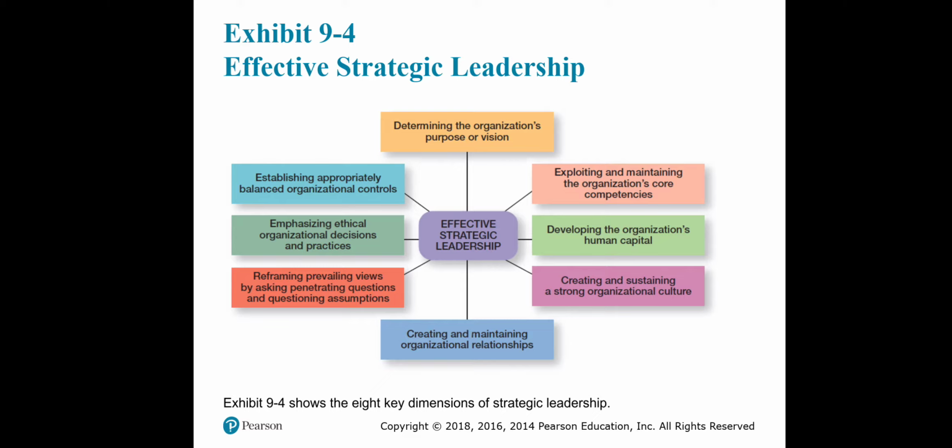These dimensions include determining the organization's purpose or vision, exploiting and maintaining the organization's core competencies, developing the organization's human capital, creating and sustaining a strong organizational culture, creating and maintaining organizational relationships, reframing prevailing views by asking penetrating questions and questioning assumptions, emphasizing ethical organizational decisions and practices, and establishing appropriately balanced organizational controls. Each dimension encompasses an important part of the strategic management process.